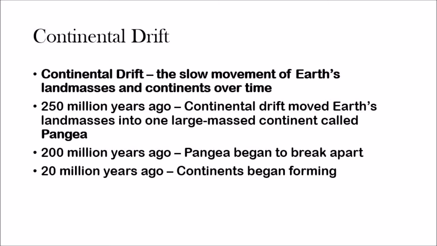A brief history of continental drift: 250 million years ago, continental drift moved Earth's land masses into one large continent called Pangaea. Then 200 million years ago, Pangaea started to break apart, and 20 million years ago, we have the continents which we see today.